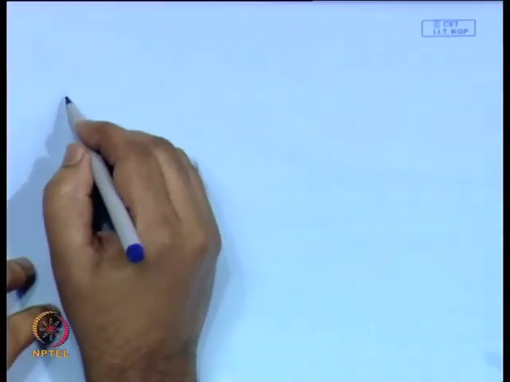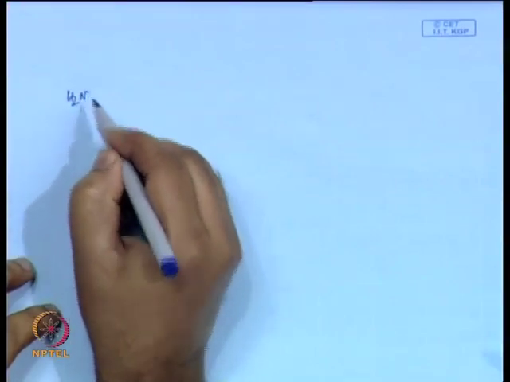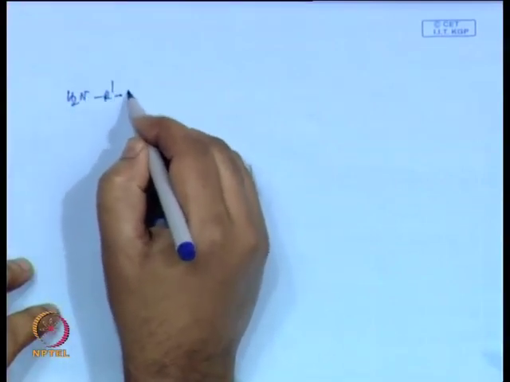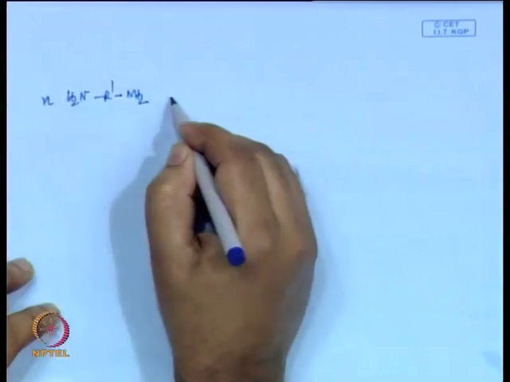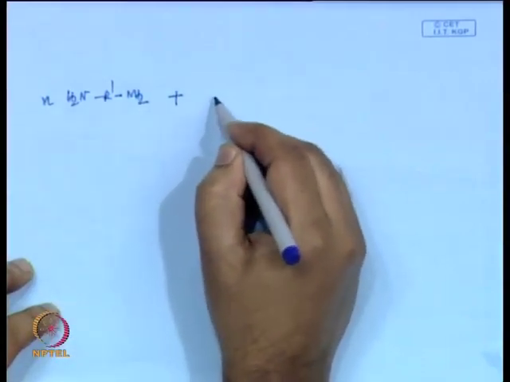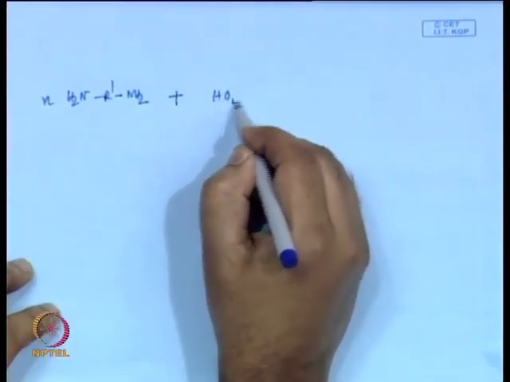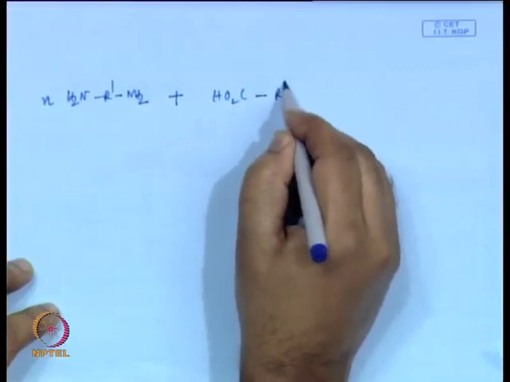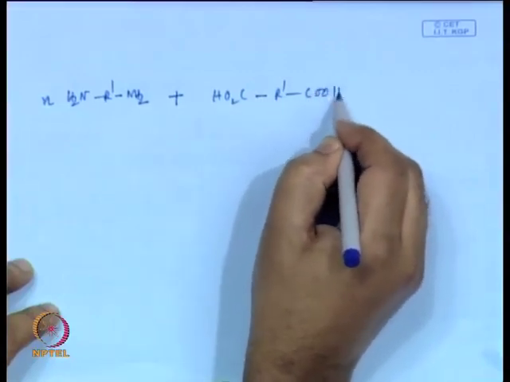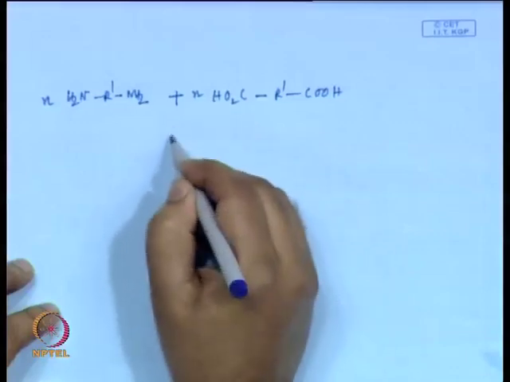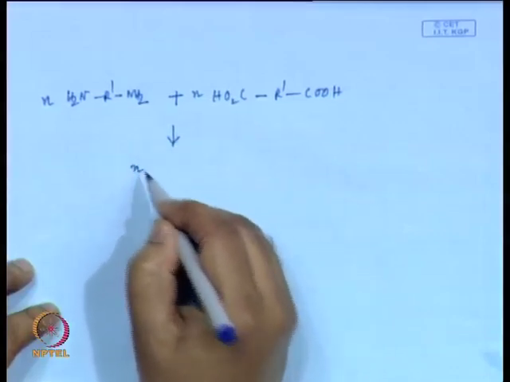To give you more examples, I want to make polyamides. So, I take this molecule and n molecules of this, which gives this.